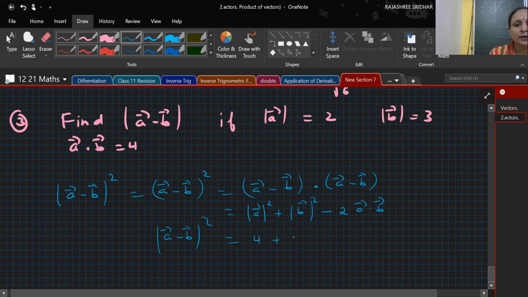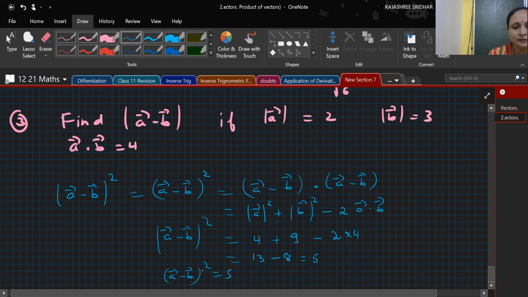B is 3, 3 squared is 9. Minus 2 times A dot B, that is 2 into 4. So what is the answer? 4 plus 9, which is equal to 13, minus 8, which is 5. So A minus B the whole square is 5.